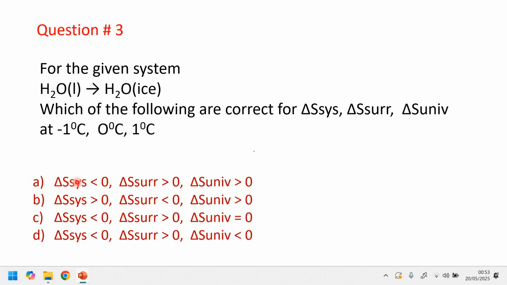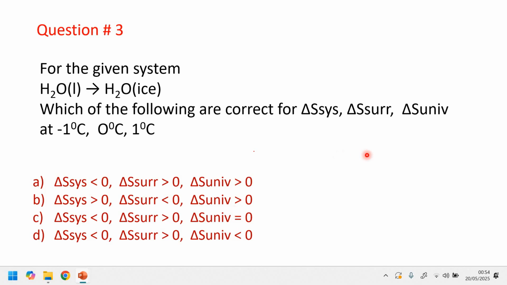Options are A, delta S system less than 0, delta S surrounding greater than 0, delta S universe greater than 0. Option B, delta S system greater than 0, delta S surrounding less than 0, delta S universe greater than 0. Option C, delta S system less than 0, surrounding greater than 0, universe is equal to 0. Option D, delta S system less than 0, delta S surrounding greater than 0, delta S universe less than 0.